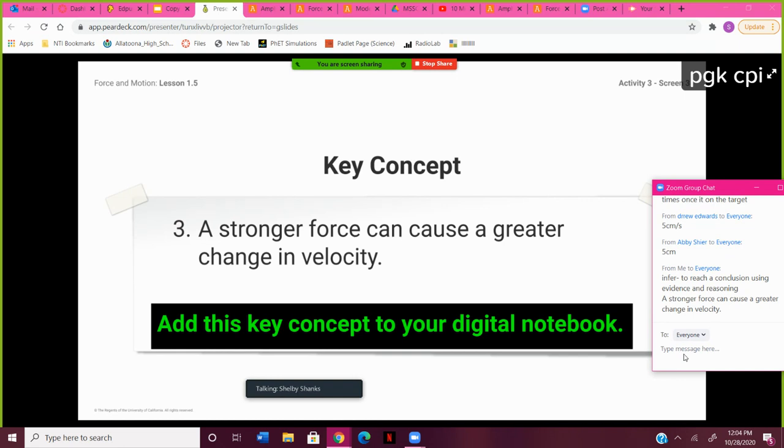Okay, I also put that one in the chat. So the more force there is, the greater change in velocity there is.